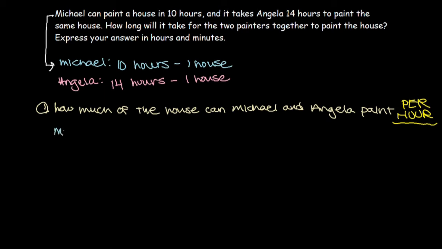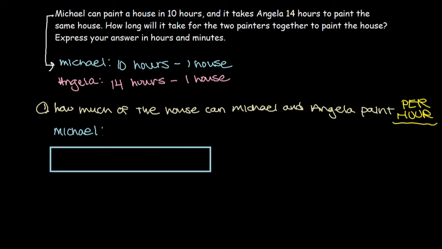So if we take Michael, for instance, and we're trying to figure out how much of the work he can do per hour, I'm going to draw a diagram. Let's say that this bar here represents the entire house, or the entire work that Michael has to do, which is to paint the entire house.